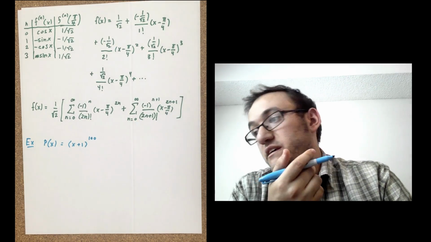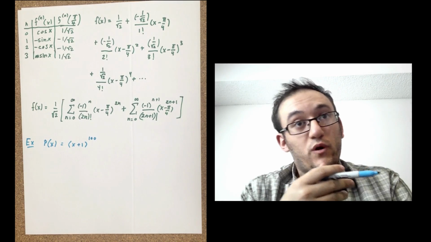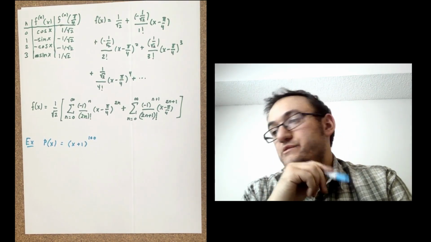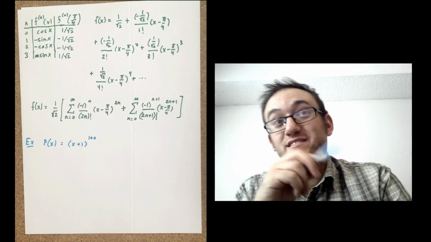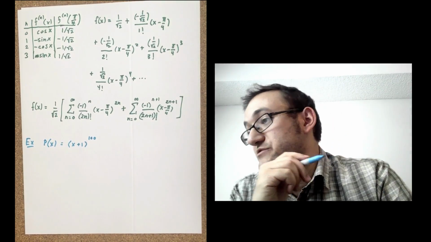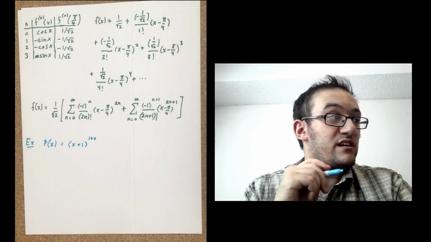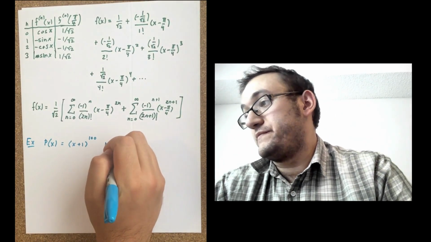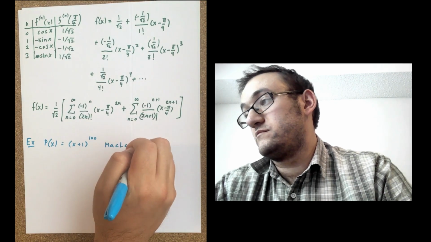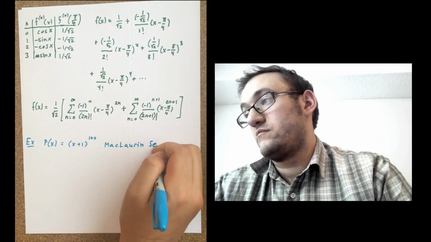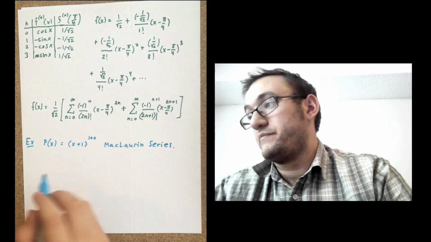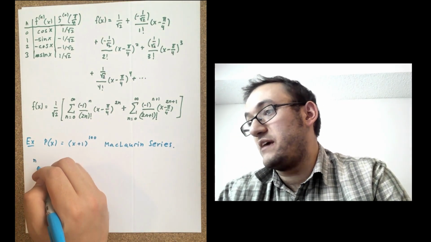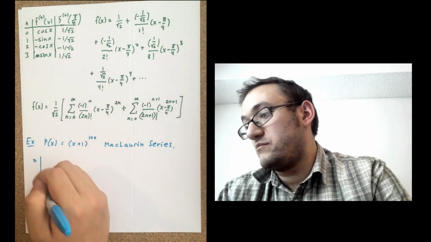0, plainly. And at x equals 0, it'll be 1. But if you go a little past x equals 0, so that you have a number greater than 1 there, you're raising it to the 100th power, so it's going to get large fast. But let's try and compute the associated Maclaurin series. So here we're going to draw out the same chart as before.